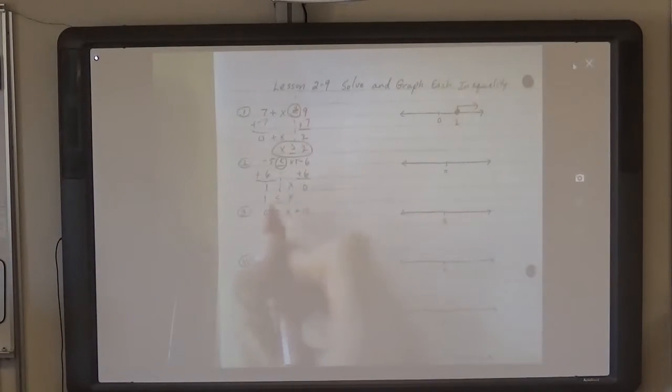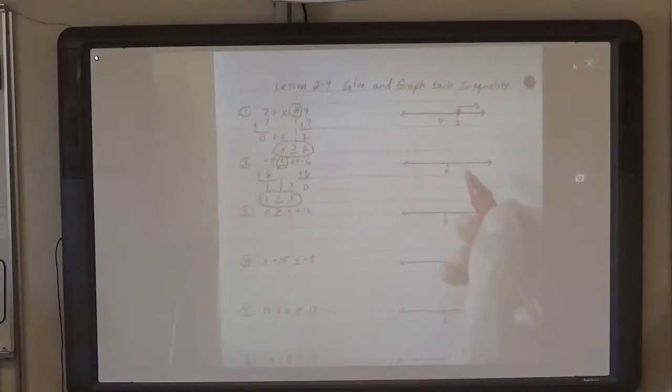Now, 1 is less than or equal to x, right? So we mark 1 on the number line with a solid dot. But which way do we need to shade it? Is it to the left, Alex? Yeah.